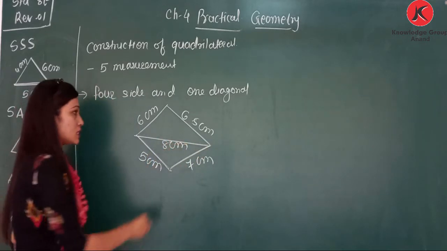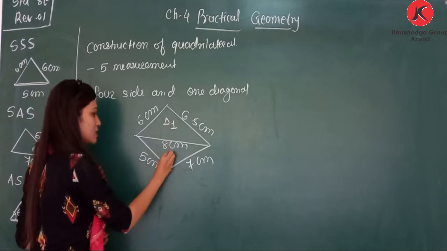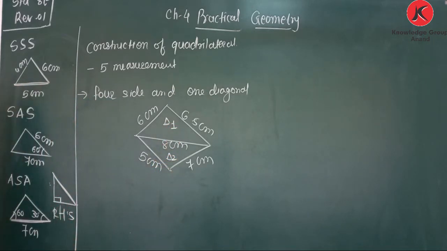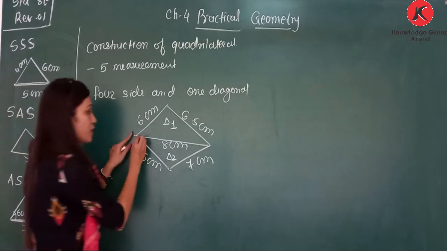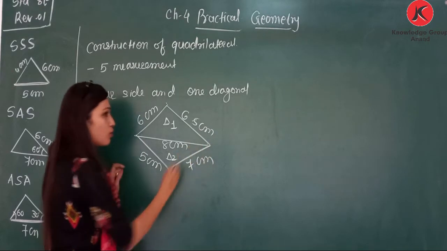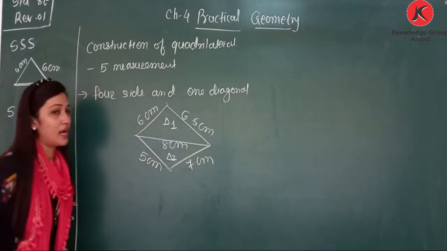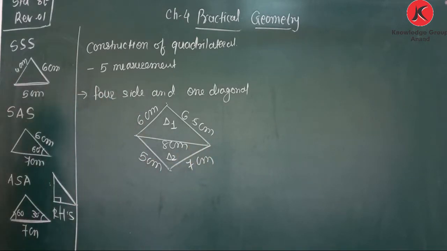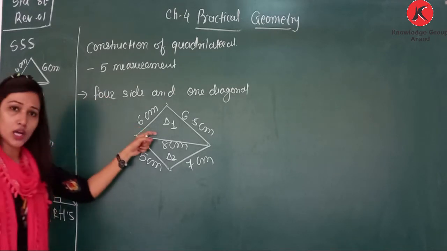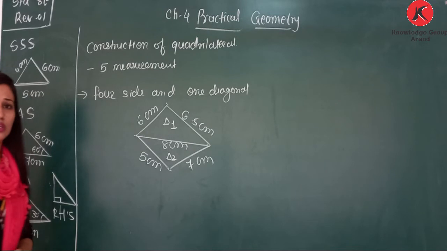So here you can see this is our upper triangle and this is our lower triangle, and we know how to draw triangle with SSS criteria. So first we construct the upper triangle, and then we construct the lower triangle. And if we combine that, we get the quadrilateral. So here in 4 sides and 1 diagonal, we draw triangles and we construct the quadrilateral.